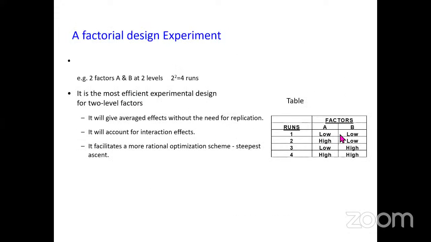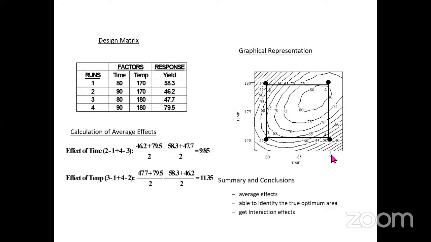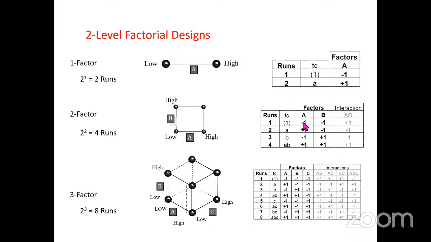Instead of calling it low-low, high-high, we put it in numerical form. If you have 3 factors, 2 levels, 2 raised to the power 3 is 8 experiments. So you'll have -1 -1 -1, +1 -1 -1, then -1 +1 -1, like that. All combinations will come. So it is 8 experiments. Agreed?